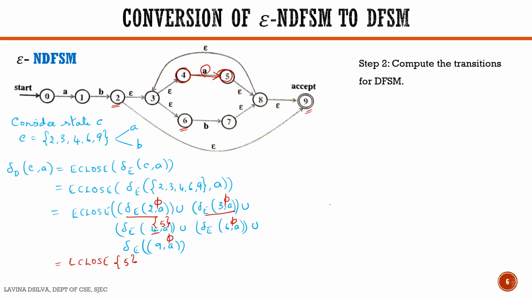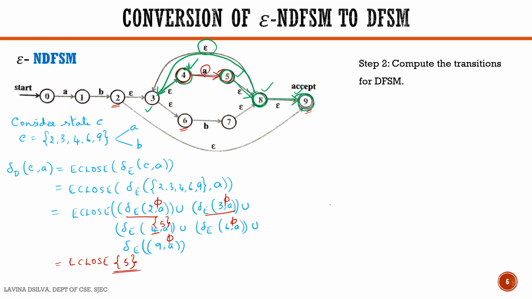state 5. Now we have to check all the states which are reachable from 5 on getting an epsilon input or epsilon transition. So state 5 on receiving epsilon transition goes to state 8 and state 8 goes to state 9. You can see, so 5, 8, 9. From 8 we can reach 3 on an epsilon transition. So 3 is there. From 3 we can reach 4.